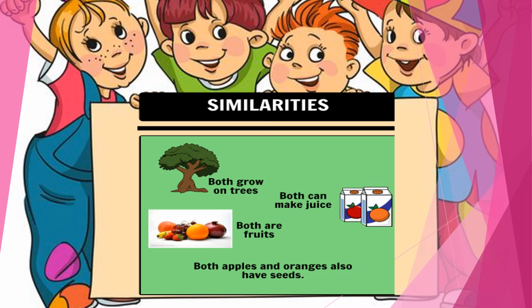They both grow on trees and they can both make juice. Okay. And both apples and oranges also have seeds. All of us eat apples and oranges, and we found seeds in the apple and the oranges, right?